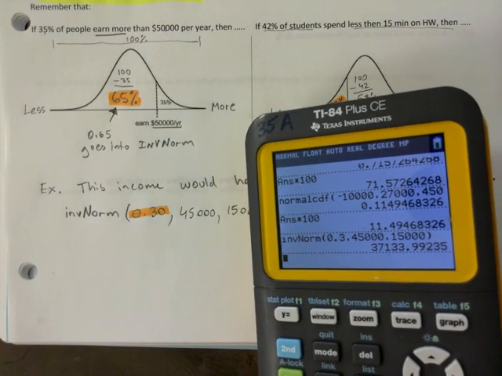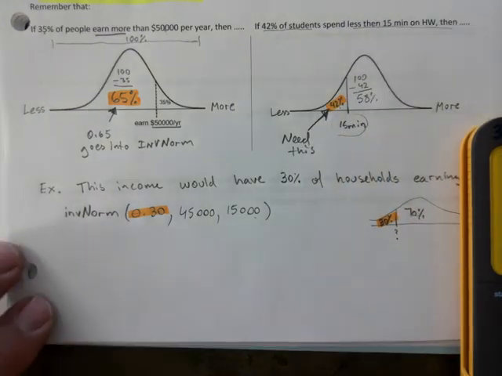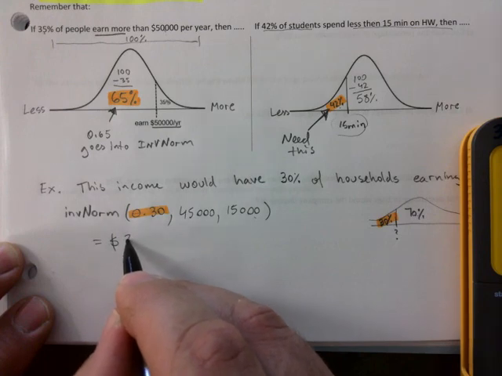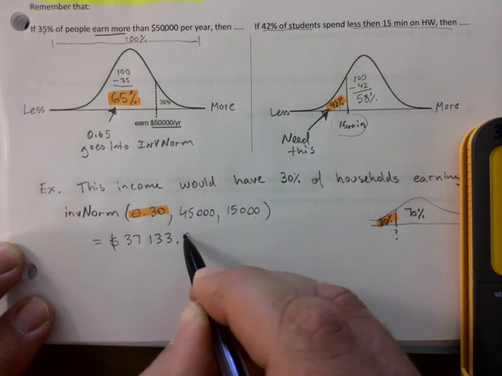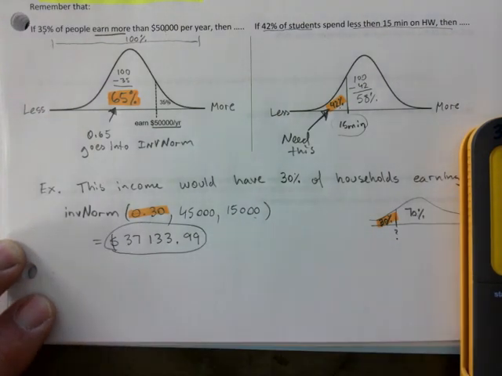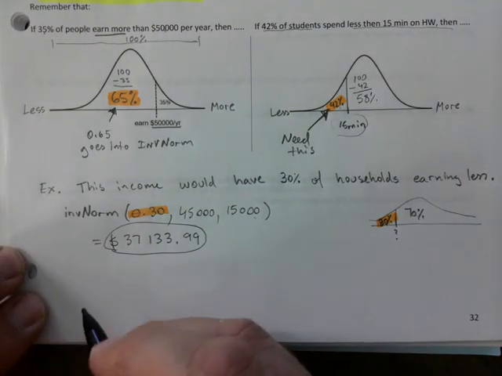And there it is. That is the income that would make that happen. The answer is, and we're in dollars here, 37,133.99. That is the income that you would need.